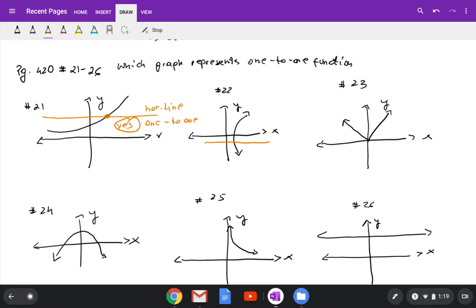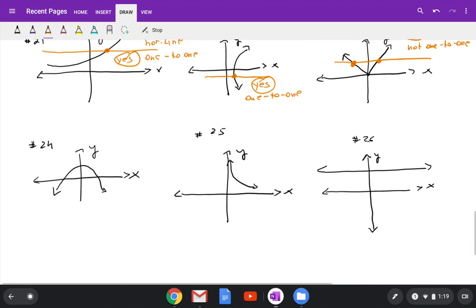And my horizontal line intersects the graph once only, so the same answer, yes, one-to-one. The graph 23, this is an absolute value function. I'm drawing a horizontal line. Since my horizontal line touches the graph twice, intersects the graph twice, this is no, not one-to-one. Okay, so the answer is no here.